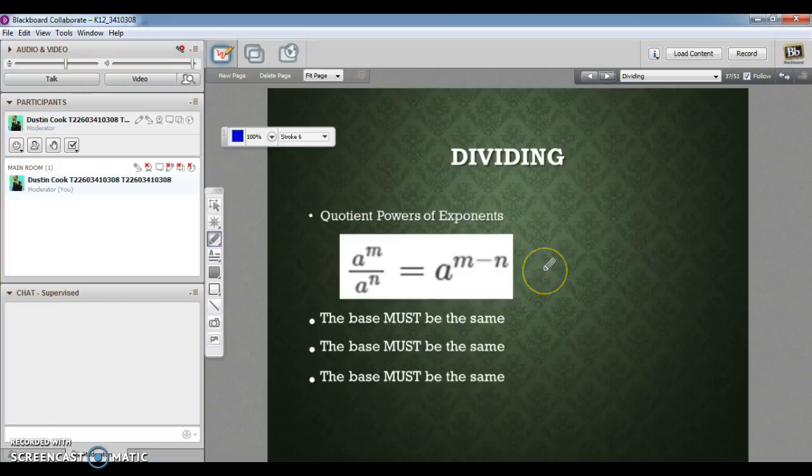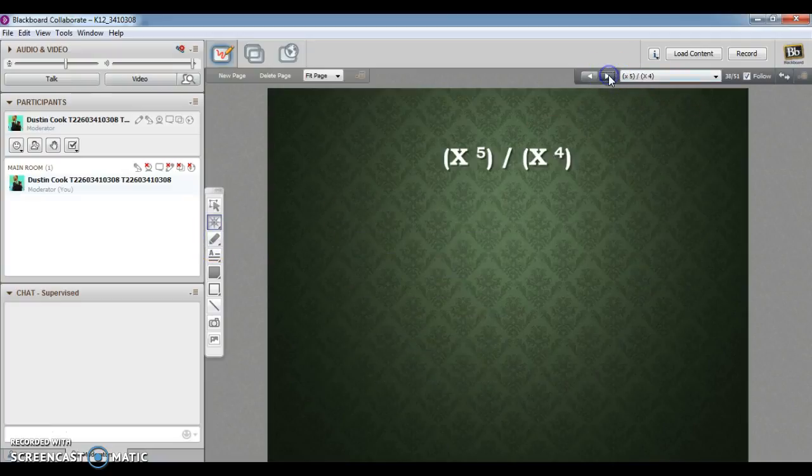And the same is true with dividing, only now instead of adding, you subtract. So a to the m divided by a to the n is a to the m minus n. And I know when I talk about all these variables, it intimidates people. So let's look at an actual problem here. First, notice the bases are the same, x, which means we're good to go.